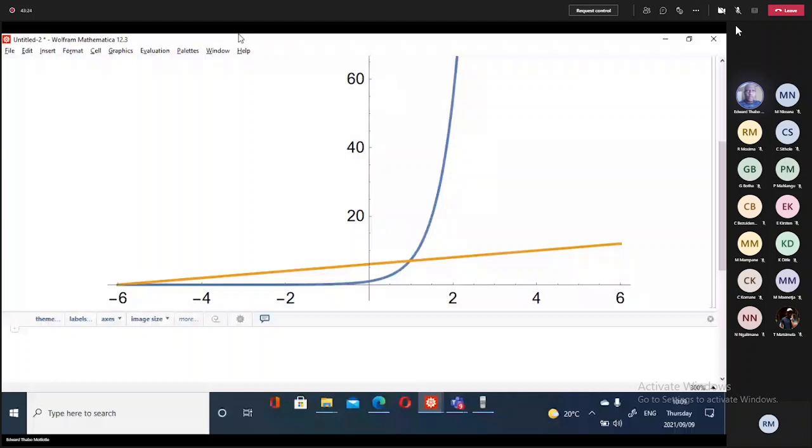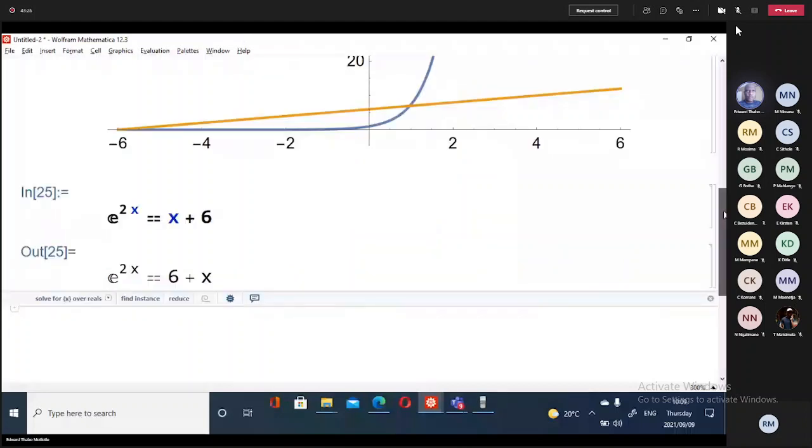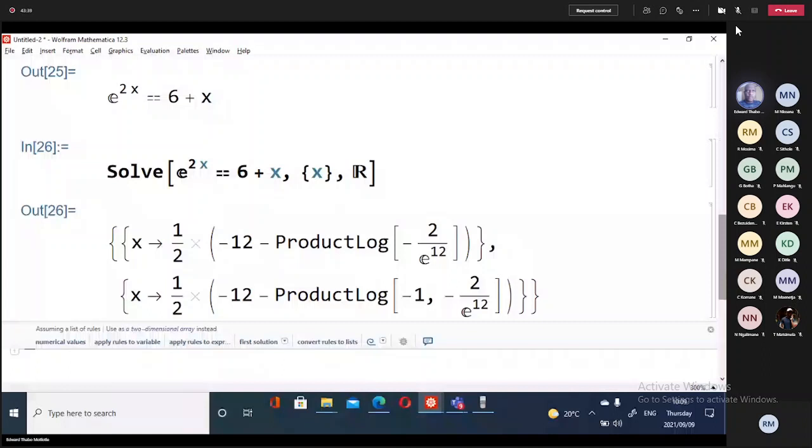So if I solve for x here, what do I have? Those are my solutions. They look very difficult. Okay, let's just use the graph.